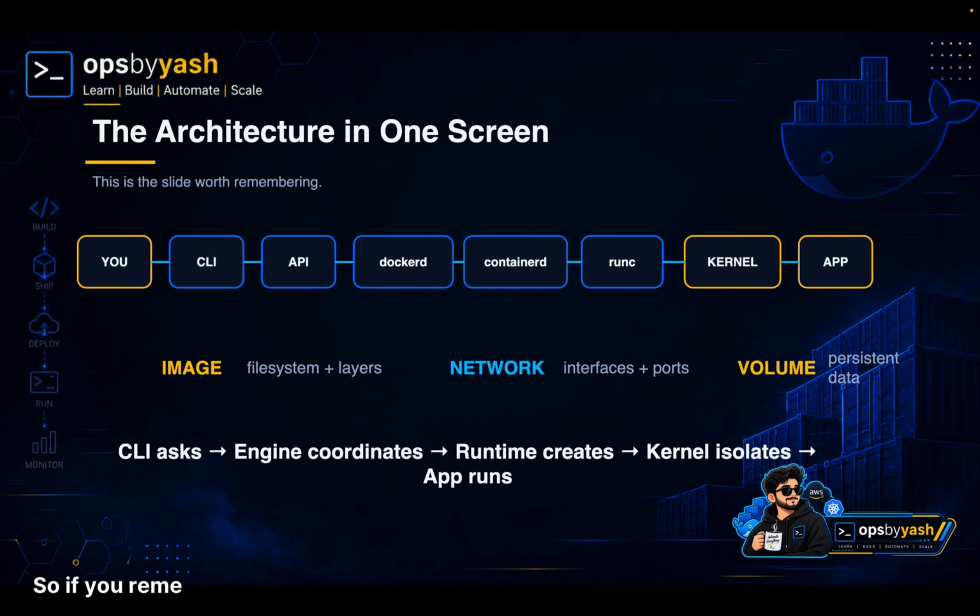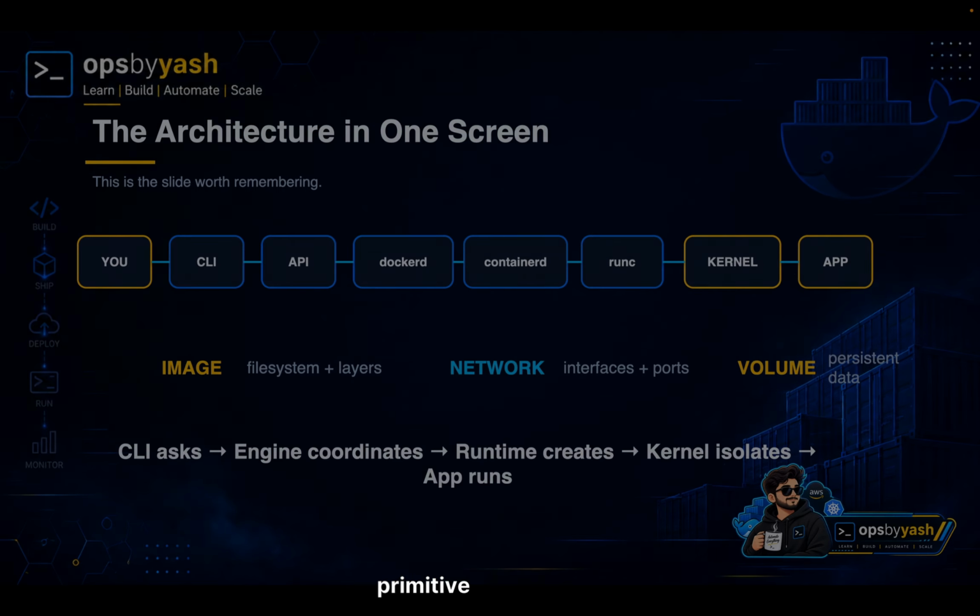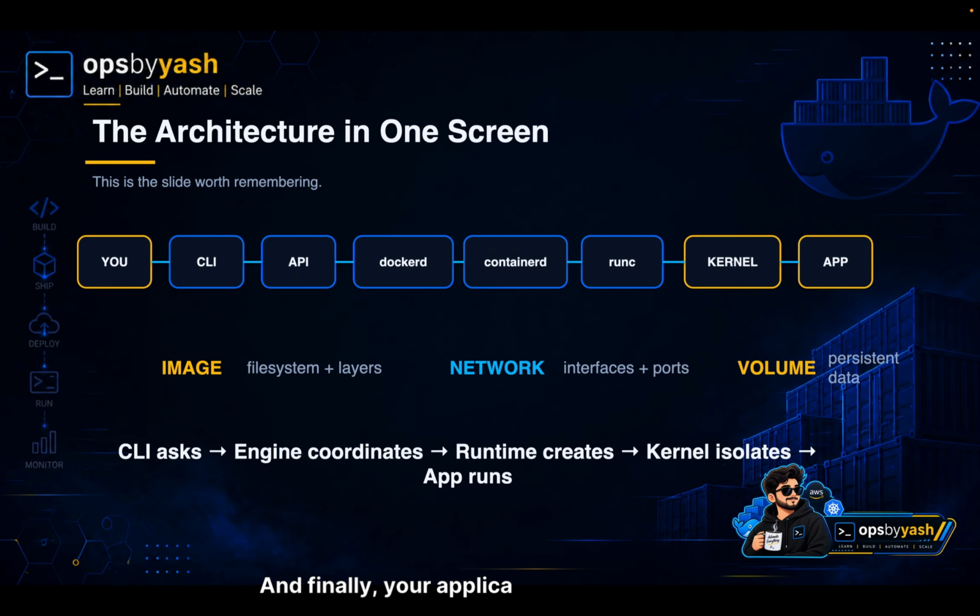So if you remember only one slide from this entire video, remember this one. You use the CLI, which communicates through the API and reaches dockerd. The Docker engine coordinates the operation, containerd manages container lifecycle operations, runc creates the container processes, the Linux kernel provides the actual isolation and resource control primitives, and finally your application runs.